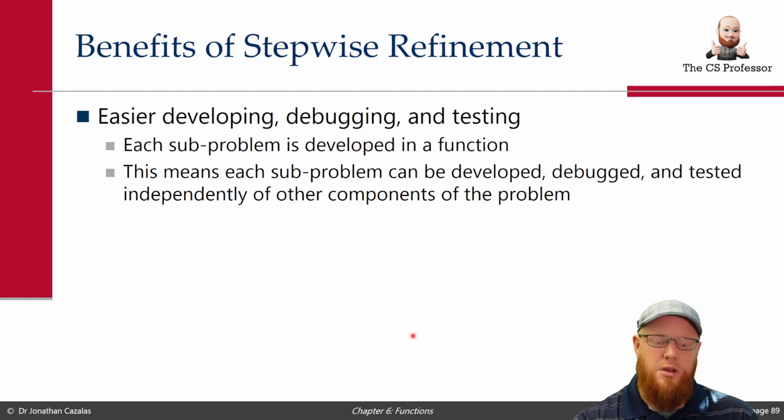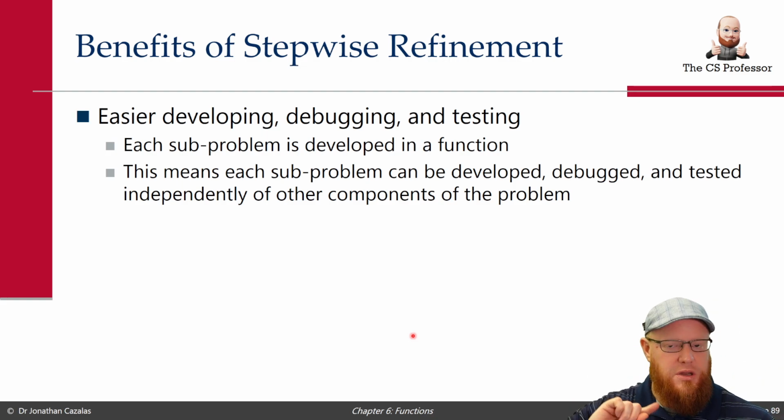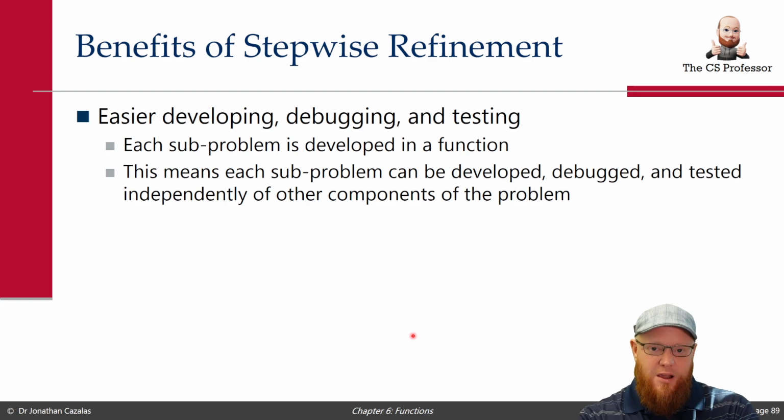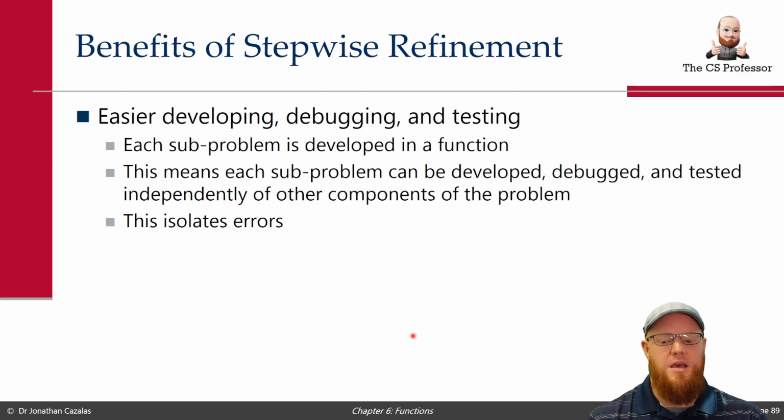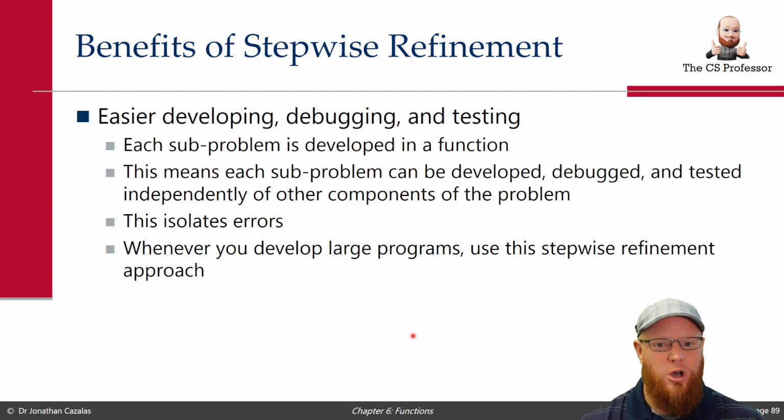You can make sure that, okay, that function, I know it works. And that other function, I know it works perfectly. But here's the error, it's on this function. Well, now you can isolate the debugging and the error checking and the error fixing to the functions themselves, and it makes your life so much easier by isolating those errors.